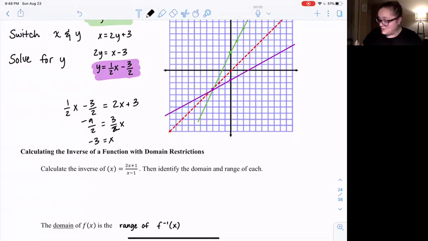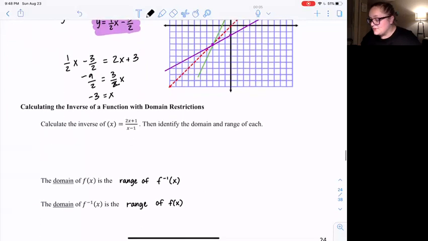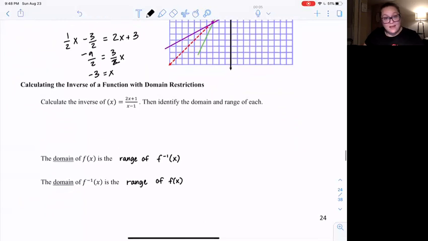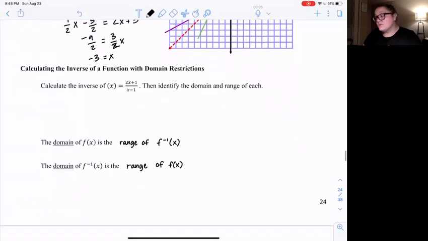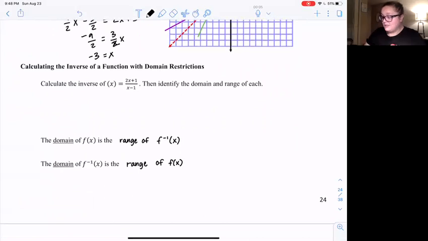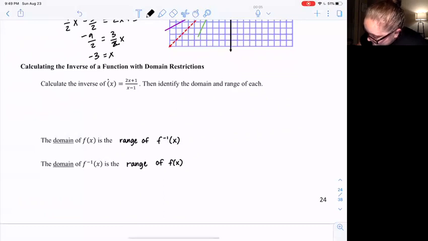Okay, so now let's talk about how we calculate the inverse of a function when we have domain restrictions. We have the function 2x plus 1 over x minus 1, and we want to identify the domain and range of each. The first step is to calculate the inverse. Looks like there's a typo here, f of x.